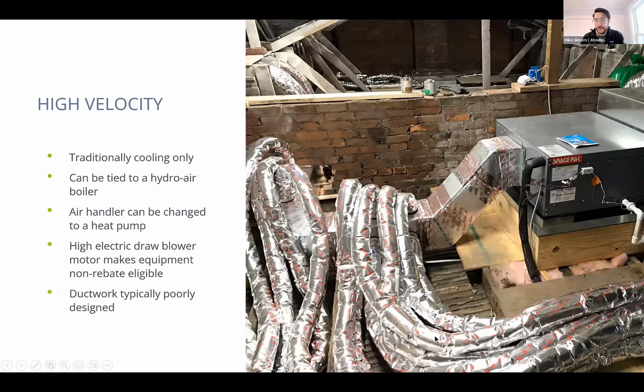Okay. So this is something else that you should be aware of. It's called a high velocity system. With high velocity, what's going on is a forced hot air system, and instead of using traditional ductwork, it's using ductwork that's 3 inches in diameter.